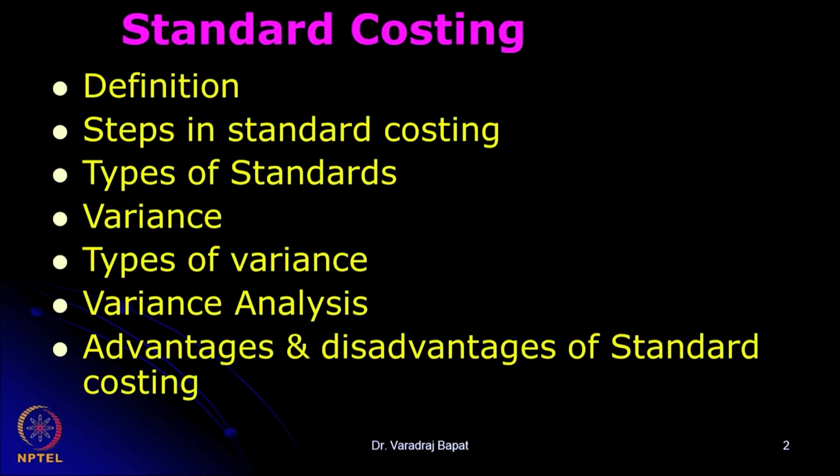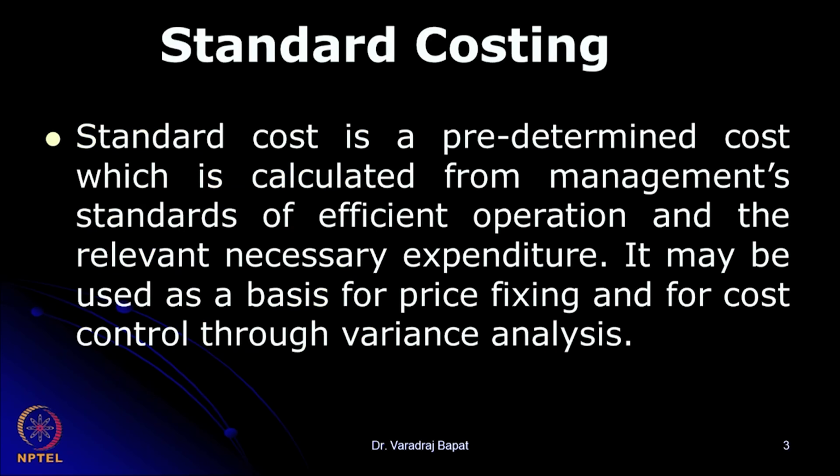Now in this presentation we are going to learn about the definition, the steps, the types of standards, variances and the types of variances, analysis of variances, and the advantages and disadvantages of standard costing. Now what is a standard cost? As the name suggests, it is a standard or a benchmark.